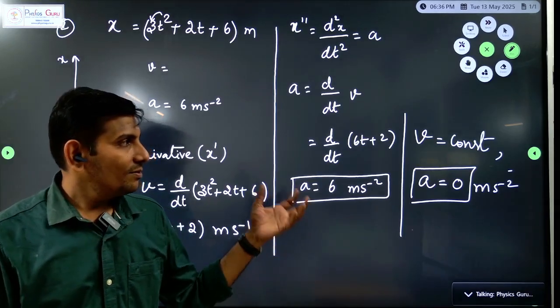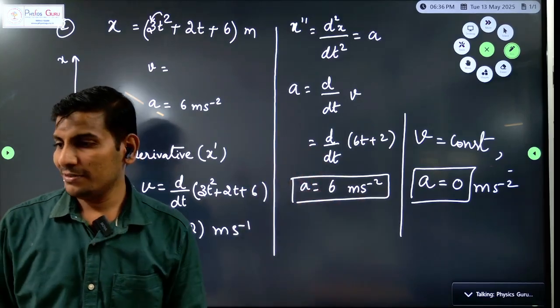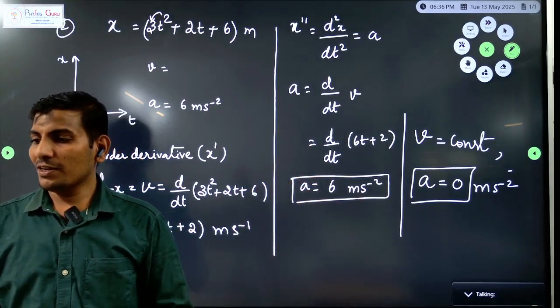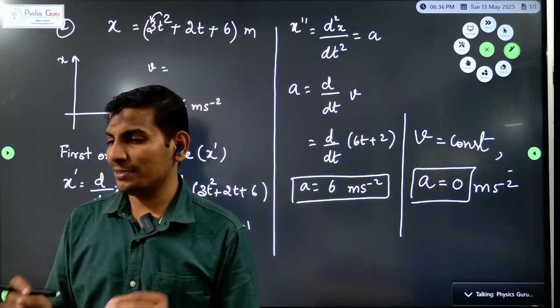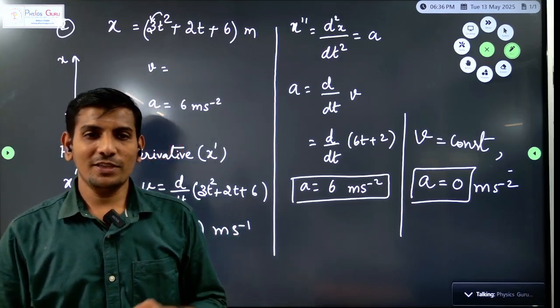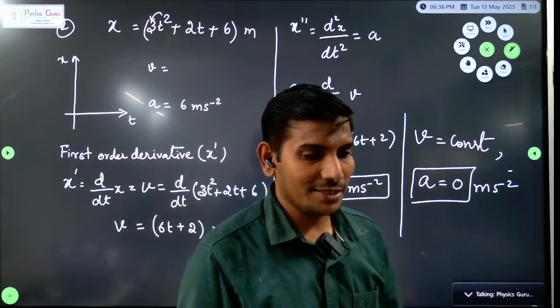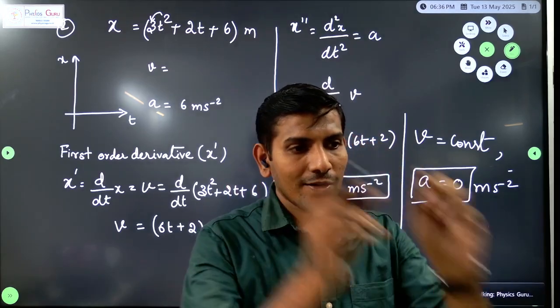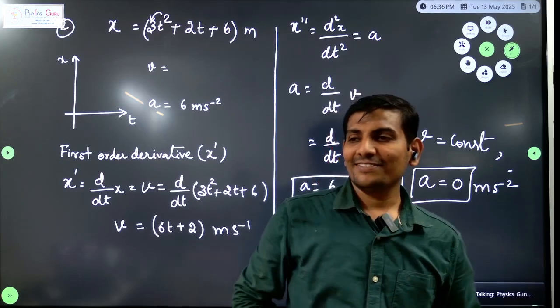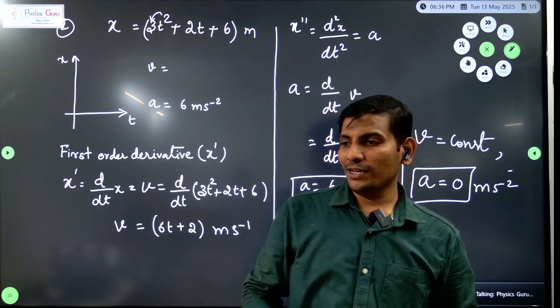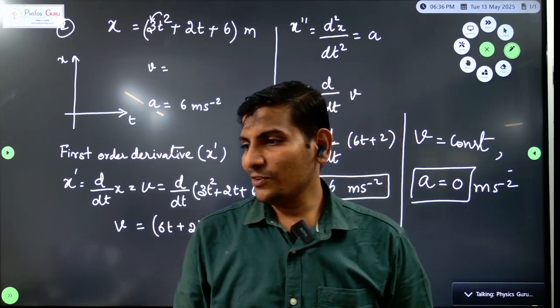If the velocity of a body is constant and acceleration is 0, what does this mean? I give you 2 minutes just to think. You can come out with any answer, whatever comes to your mind. Write it on paper in a box. After 2 minutes I will tell you and you can cross verify your answer.